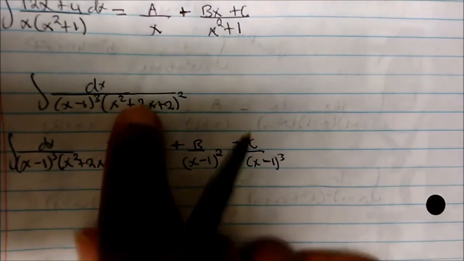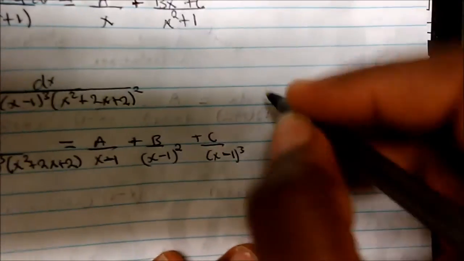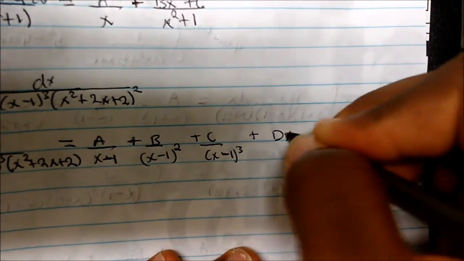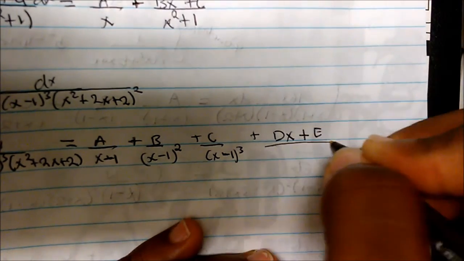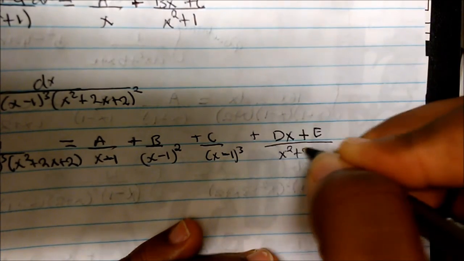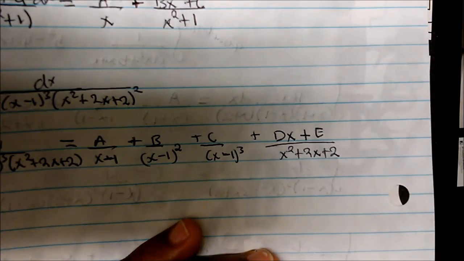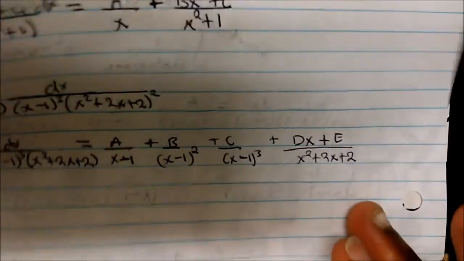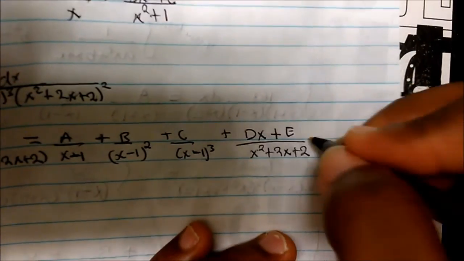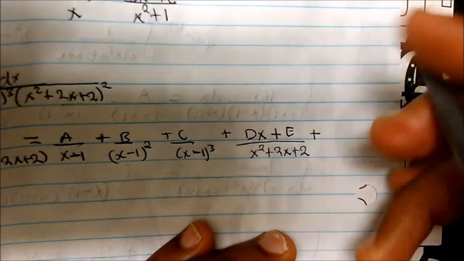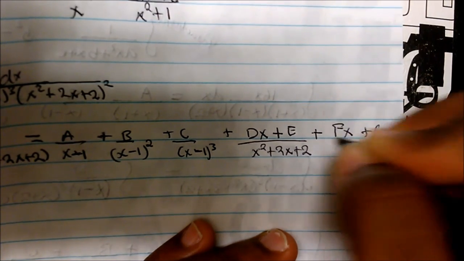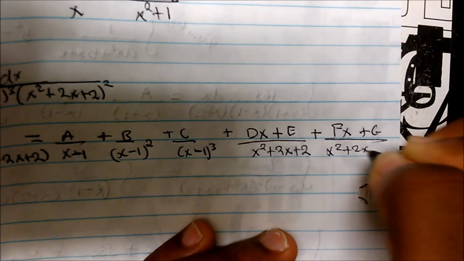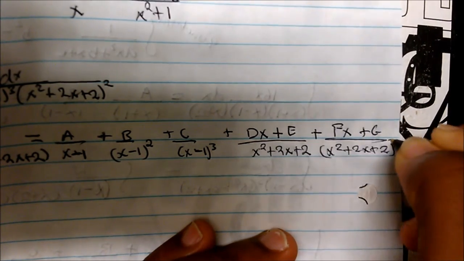Okay, and now that I'm at my quadratic factors, well, this becomes Dx plus E over x squared plus 2x plus 2. Okay. And now, because I have two of them, I've got to go to the squared term now. So this becomes, well, after D in the alphabet comes F, so this becomes Fx plus G over x squared plus 2x plus 2 squared.